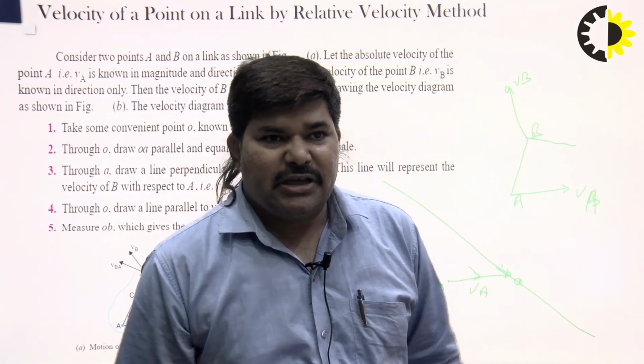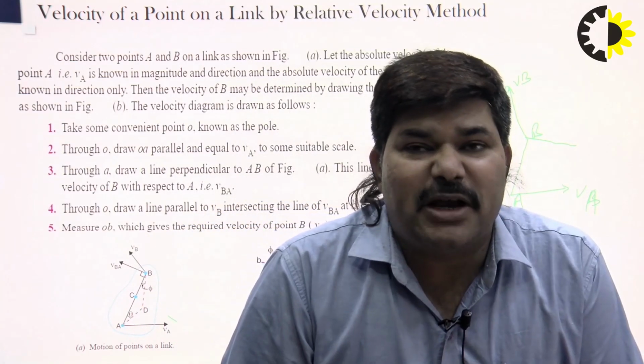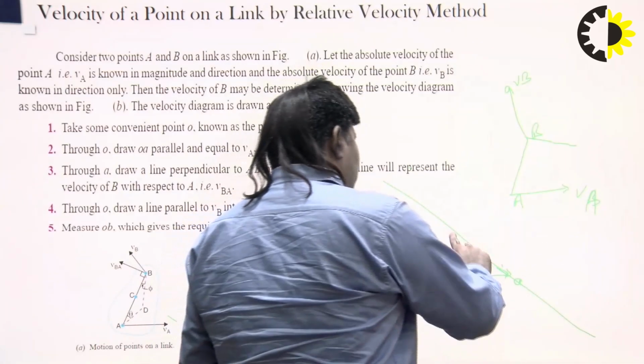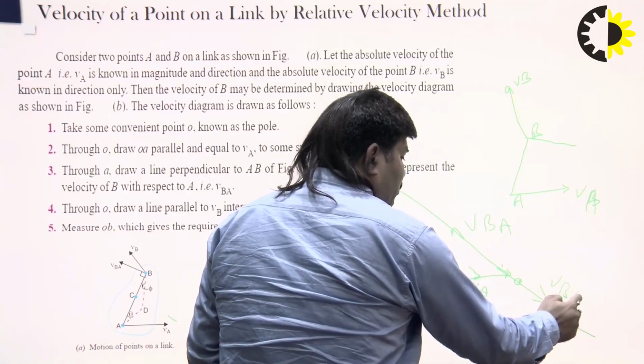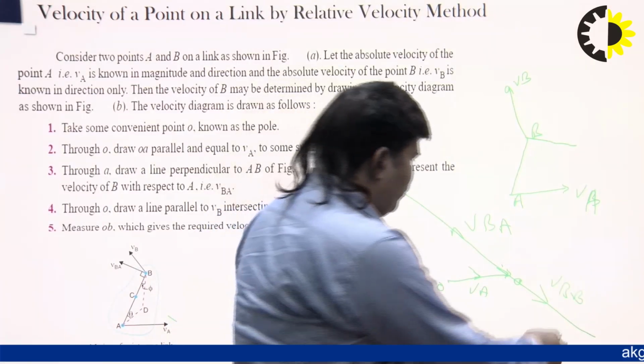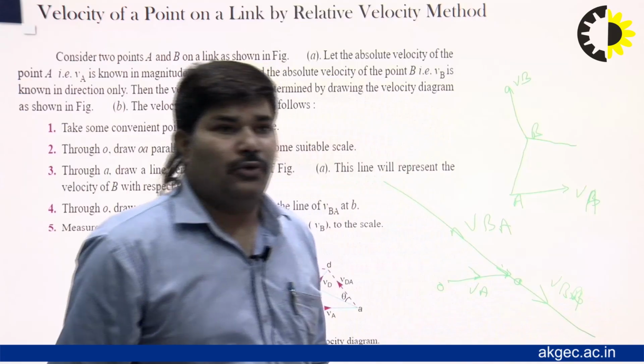And basically these lines represent the velocity of B with respect to A, right? So the velocity of B with respect to A may be upward or downward.